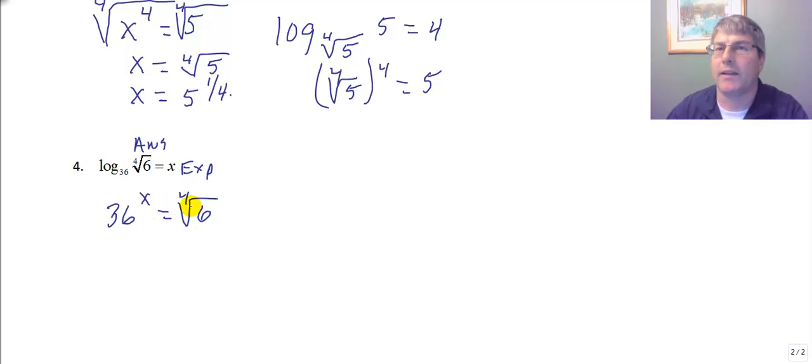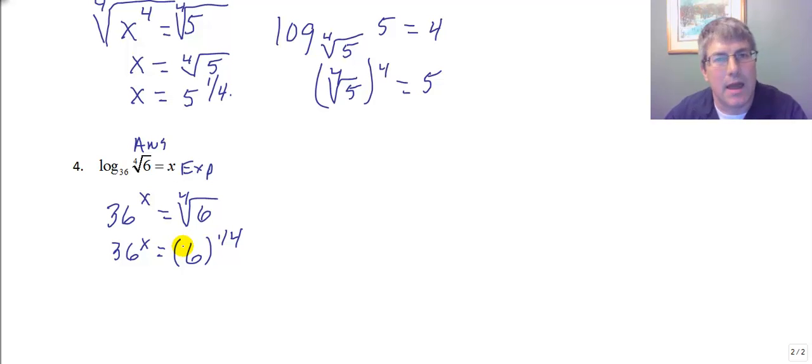I can rewrite the 4th root of 6 as a fractional exponent. So 36 raised to the x power equals 6 to the 1/4 power.